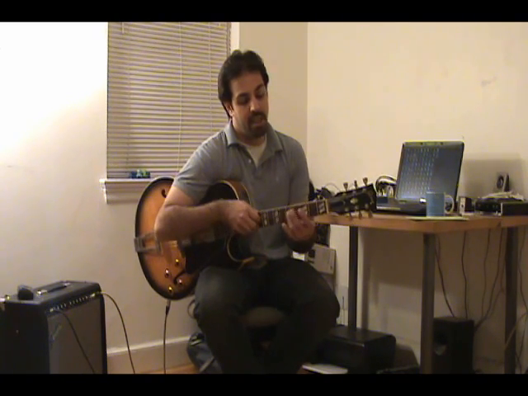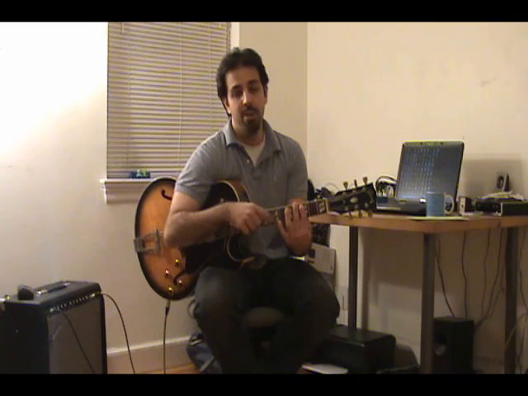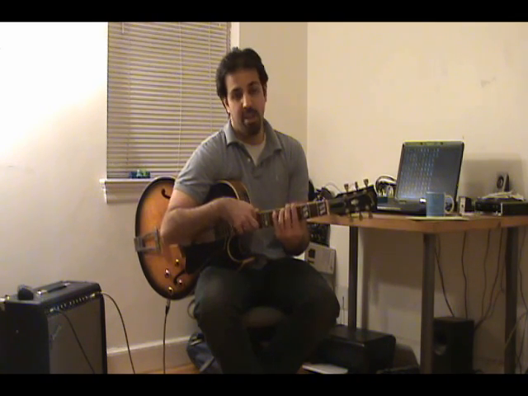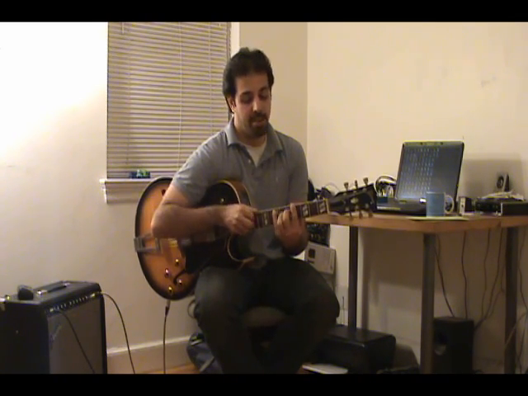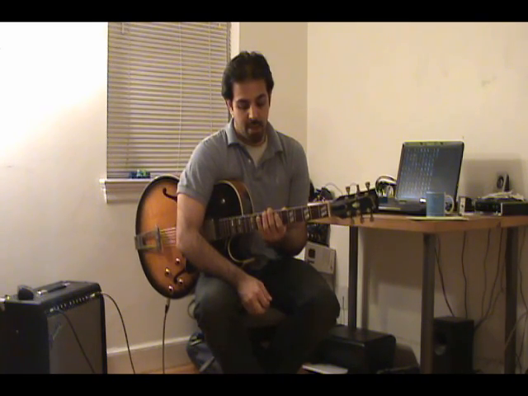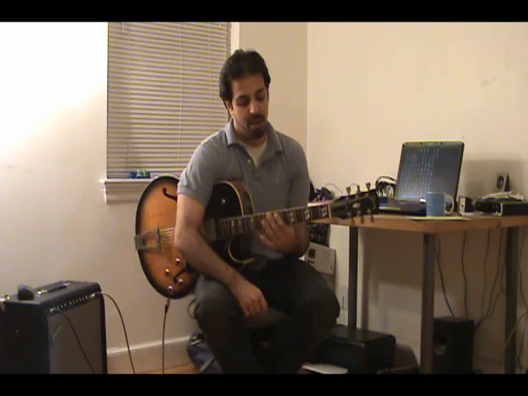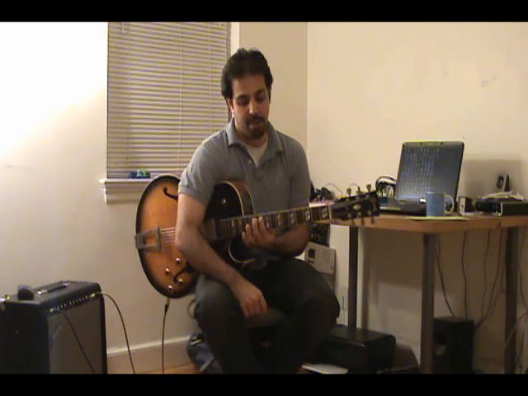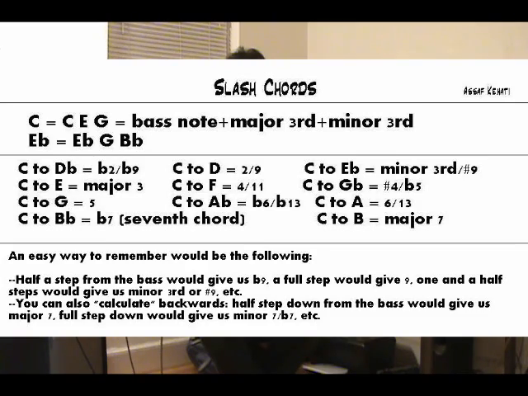If I have C as a triad, the way to build it would be the root, two steps above the root, which is E, a major third, and then 1.5 steps above the third, which is G. So I have C, 2 steps above is E, and 1.5 steps above is G. You can look at the screen and even pause it and try to understand how to build a triad just by looking at what I wrote.